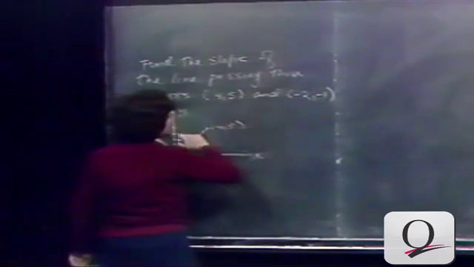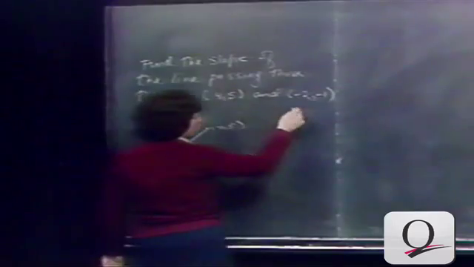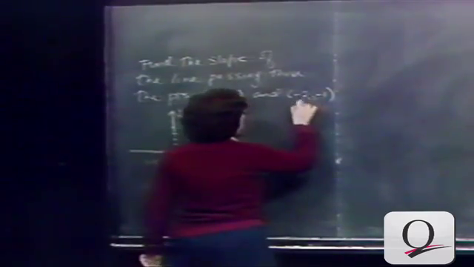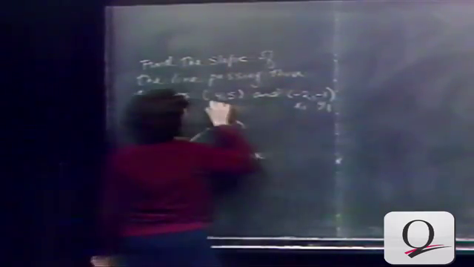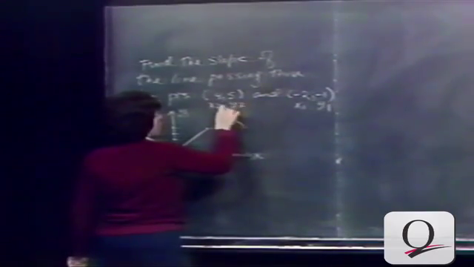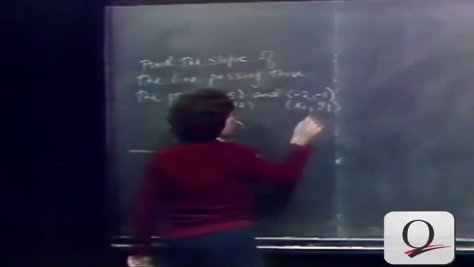Now we can arbitrarily let one of the points be x1, y1, and the other one x2, y2. We can let this be x1, y1, this x2, y2. It doesn't matter which is which, but you have to be consistent.